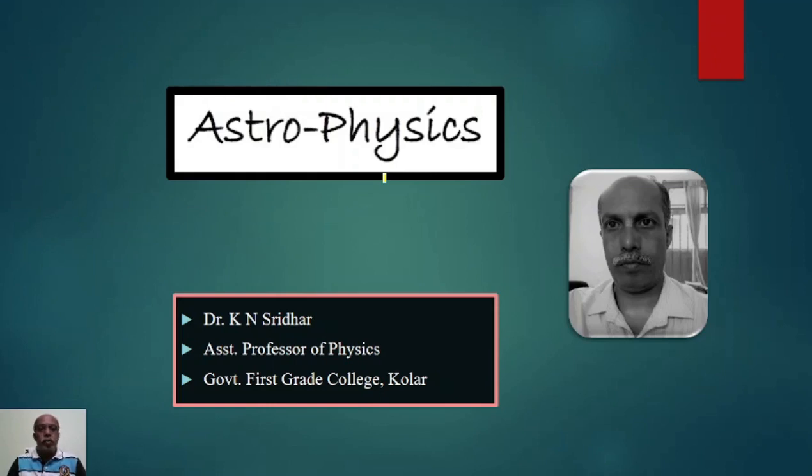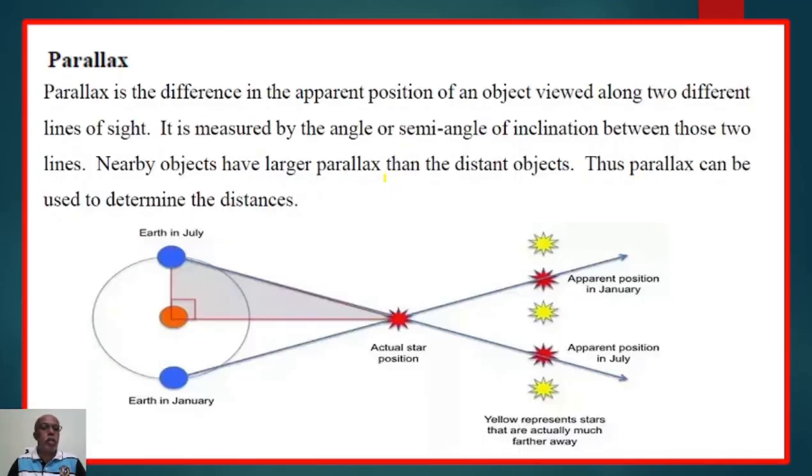In this, we first concentrate on a concept called parallax. Parallax is defined as the difference in the apparent position of an object when viewed along two different lines of sight.